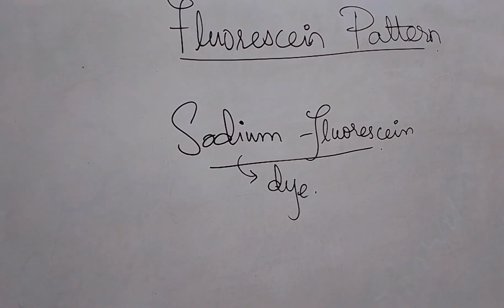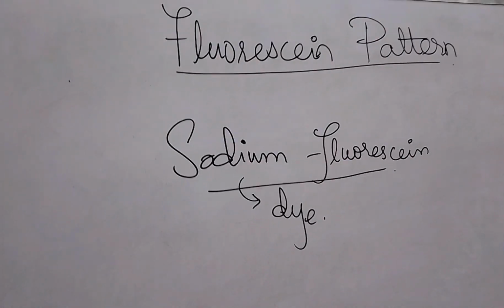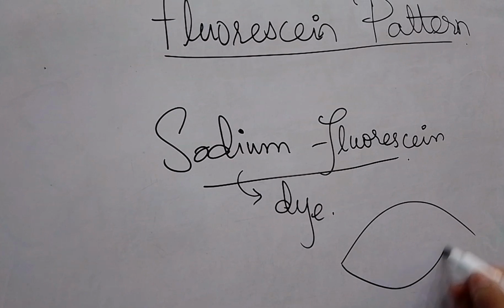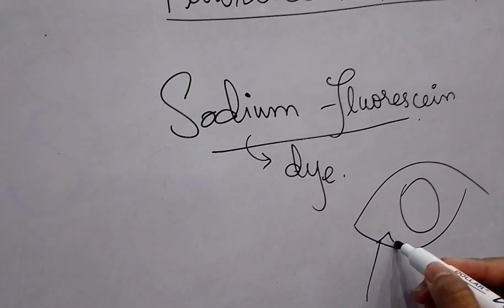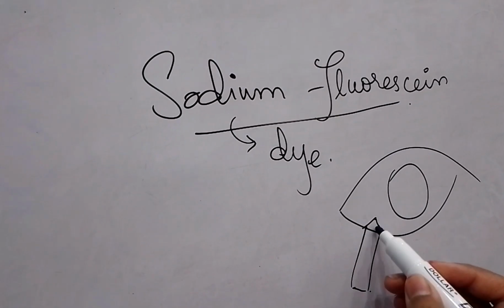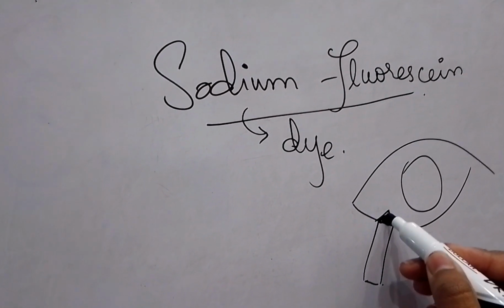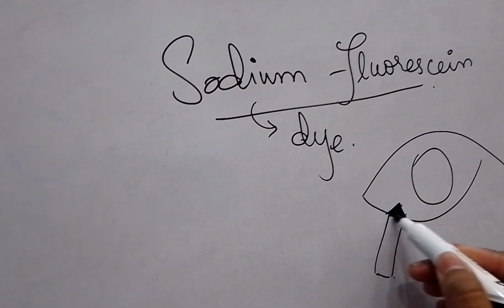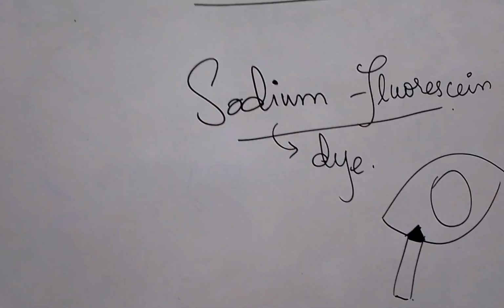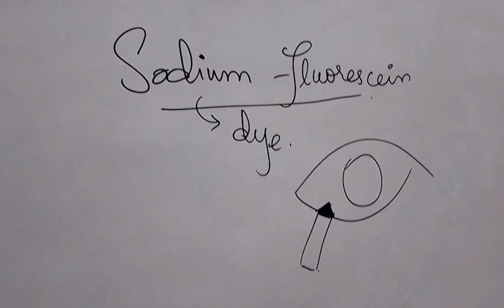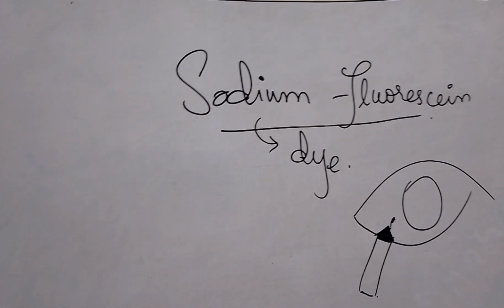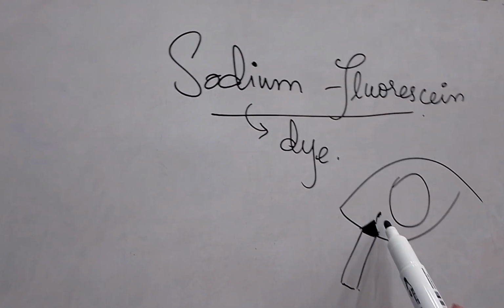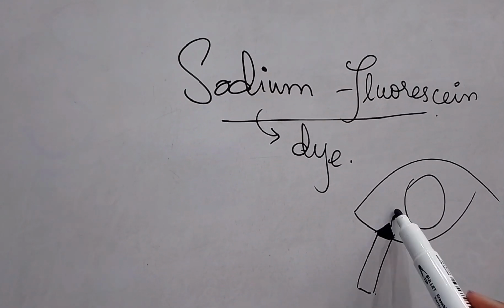Now this dye is instilled. The strip is just placed onto the surface of the conjunctiva. You place a strip that has an orange dye on it and whose pH is similar to that of tears and blood, right? You just touch the conjunctiva and the dye, that orange color, will move to the conjunctiva.